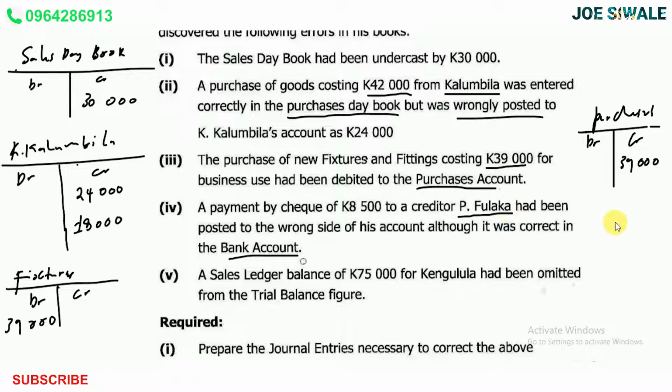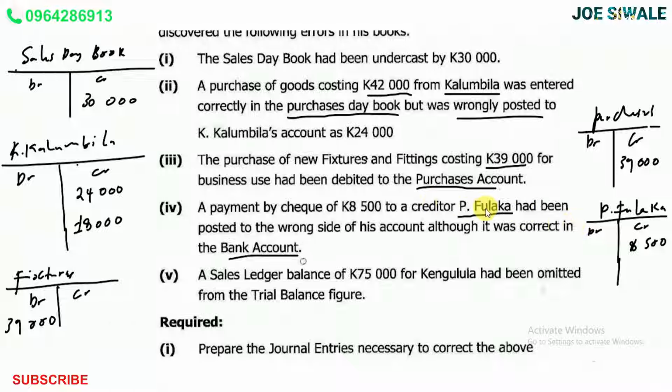So let us show that. So here we have P Fulaka. This is the creditor, and this creditor was paid by check, but it was wrongly posted to his account. That means it was posted to the credit side. But in the normal case, you're supposed to post it on the debit side.